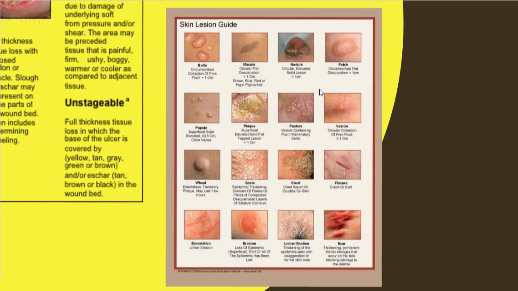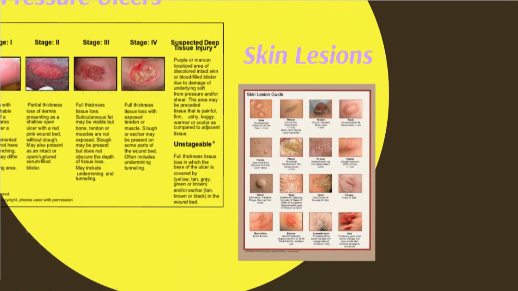So it looks like the epidermis is gone, the loss of the epidermis. Is it a vesicle, which is going to be less than 1 centimeter, or a bulla, which is going to be more than 1 centimeter? Okay, that's going to be filled with free fluid. So it's good to know what those are.